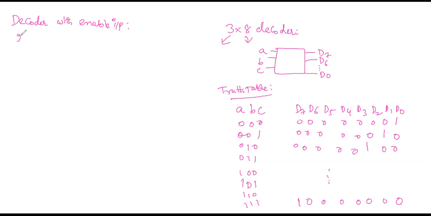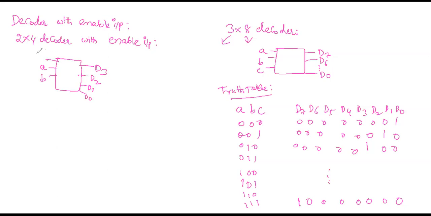Here I am writing enable as EN. Additional to the 2 by 4, with 2 inputs A, B and 4 outputs D3, D2, D1, D0, we have one enable input.